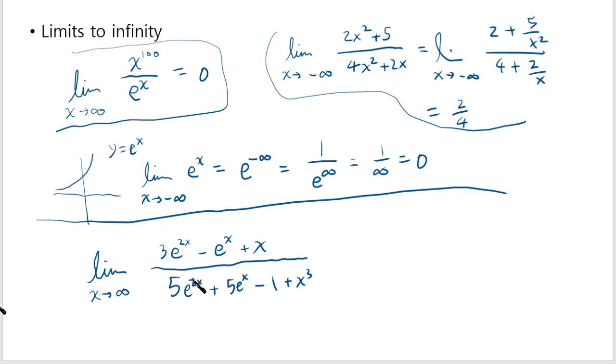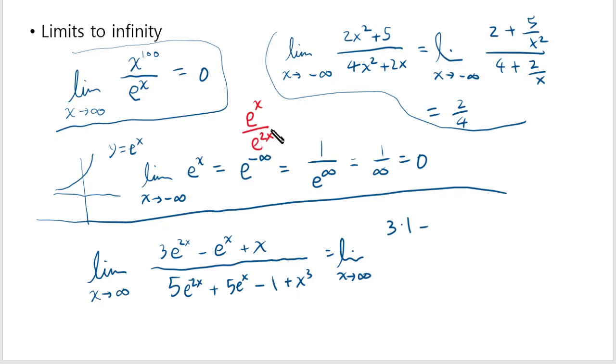So when you want to divide by the highest power of the denominator, you should really divide by e to the 2x, which gives you the limit as x goes to infinity of 3 times e to the 2x divided by e to the 2x, which is 1. Then e to the x divided by e to the 2x.